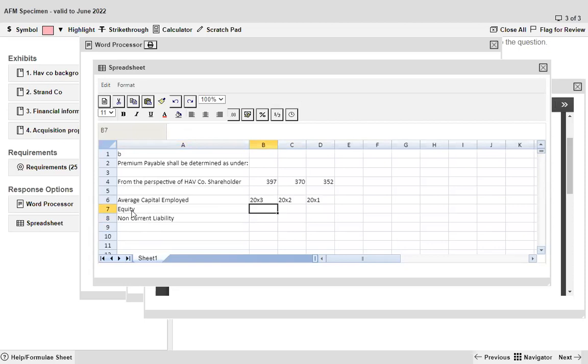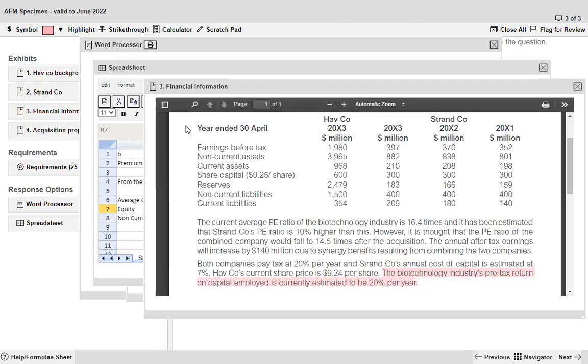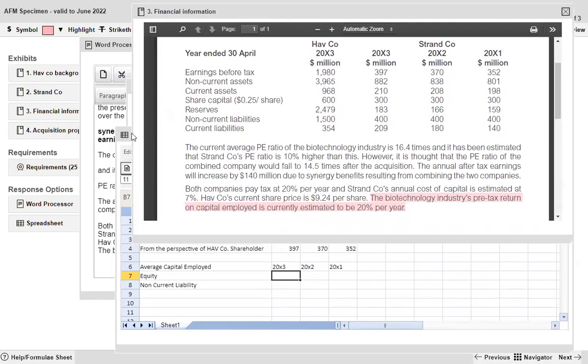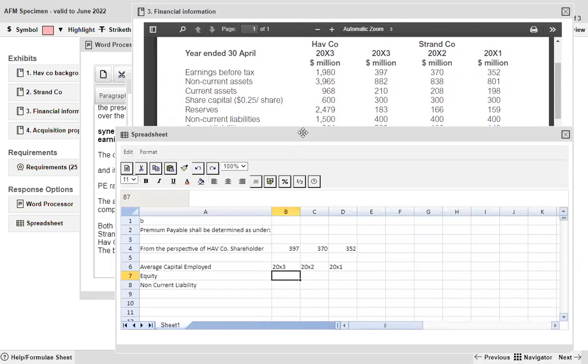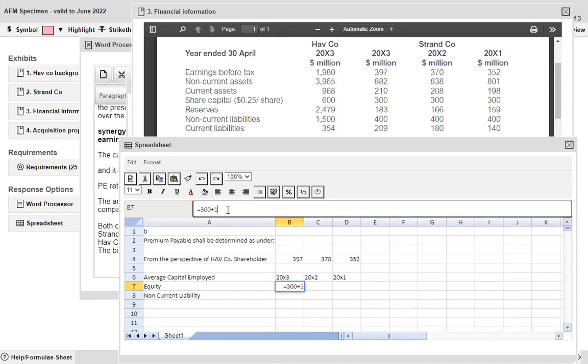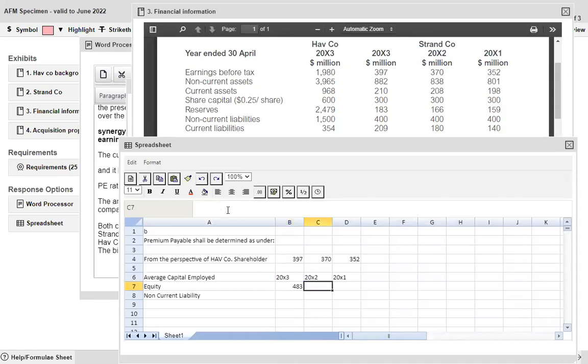How would we have the equity? It's 300 plus 183. Then the next one is 300 plus 166.